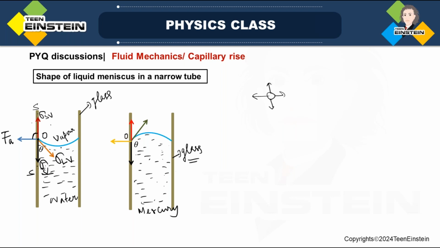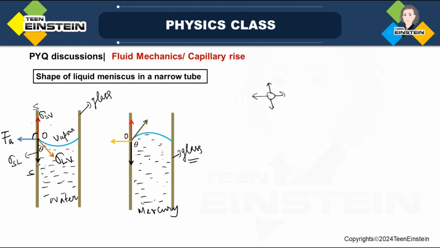Now look, if I break this sigma LV, the surface tension at the interface of liquid and vapor, into components, because this angle is theta, I get two perpendicular components. This I'm writing here, this is sigma SL. So I have two components of this LV.